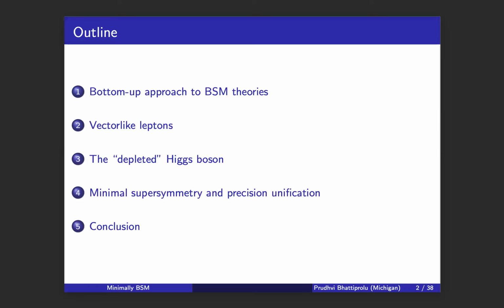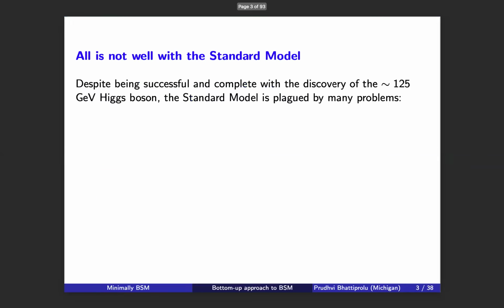In particular, I'll be looking at simplest extensions to the standard model, and especially to the fermionic sector, maybe vector-like leptons, and then to the scalar sector, I'll talk about what the depleted Higgs mean, and also talk about supersymmetry a bit, from the perspective of gauge coupling unification and what it implies for the superpartner masses, and then I'll conclude at the end.